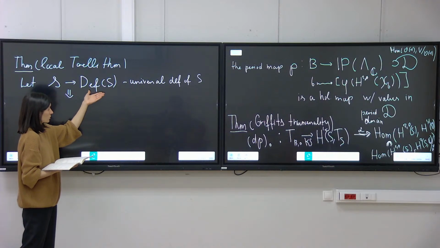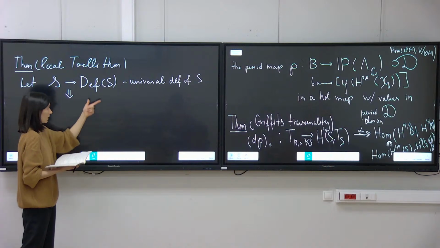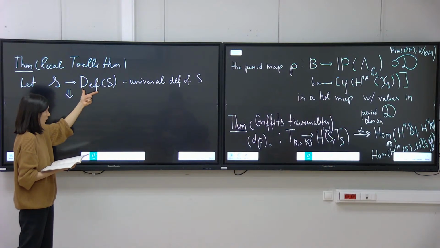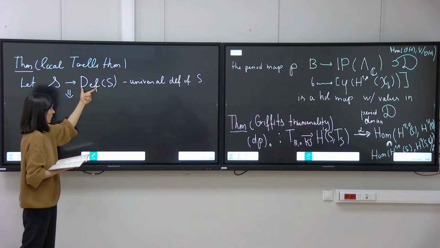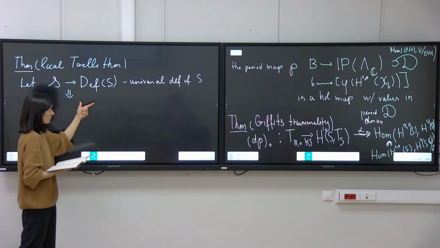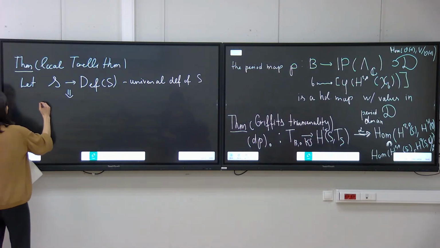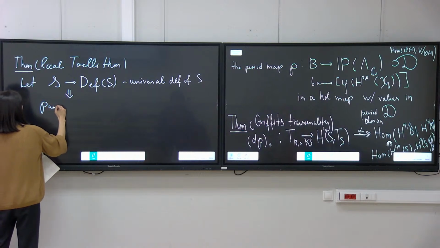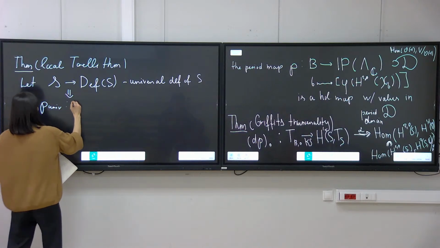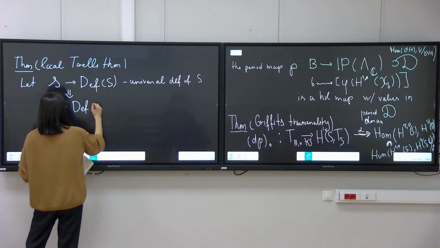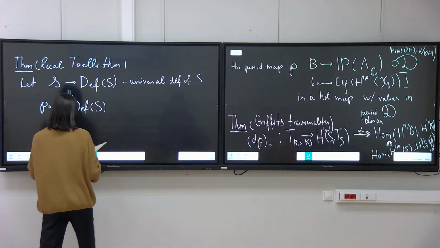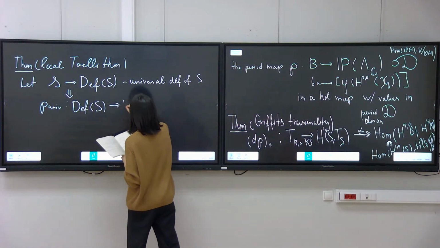So in fact, this universal deformation is simply connected. If the universal deformation is simply connected, then we can define the corresponding universal period map. That is a map from deformations of S to the period domain.